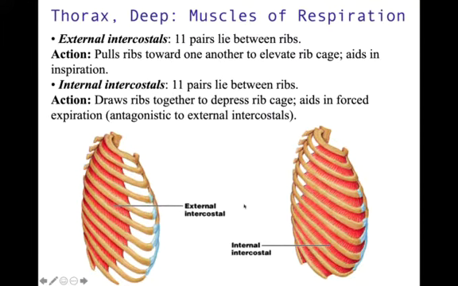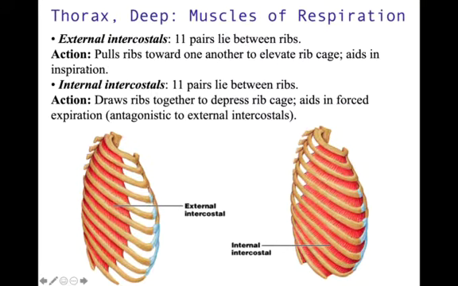But they do overlap. In terms of what they do, the internal and the external intercostals help with respiration. They help breathing in and out. It would be easy to say that the external intercostals are the ones for helping you breathe out, and the internal intercostals help you breathe in, but it's the opposite. The external intercostals pull the ribs toward one another to elevate the rib cage, and aid in breathing in.